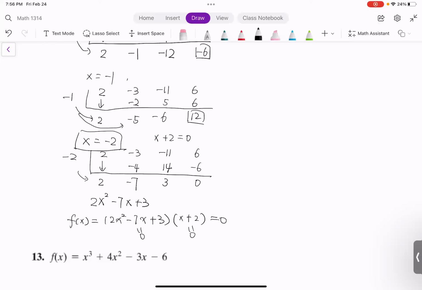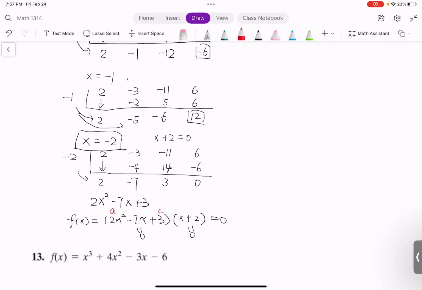And then we need to solve each factor equal to 0. The first one is not in completely factored form. That means I need to factor the first part. What method are we using? Maybe we can try the AC method because the leading coefficient is 2.